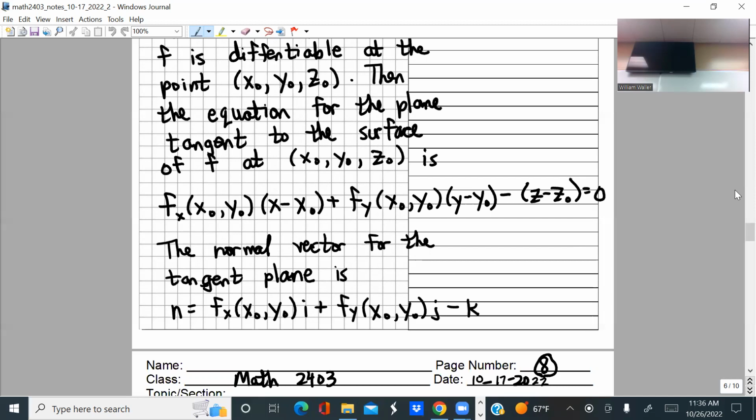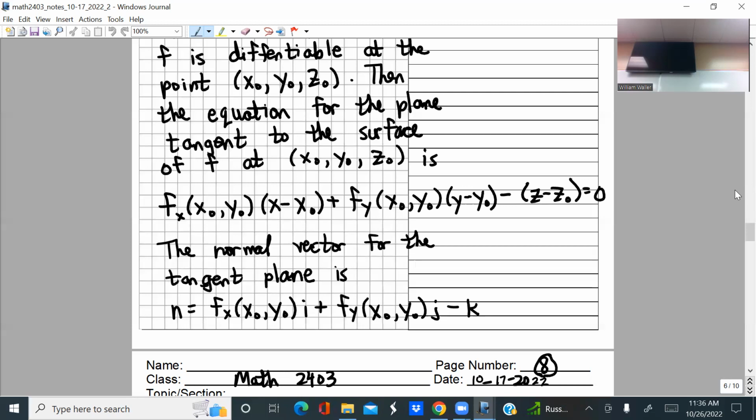And then you really don't need to write down the normal vector to write down the equation for the plane, because the normal vector is sort of built into the equation for the plane. And once you know the normal vector, then you can write down either the parametric equations or the symmetric equations for a line that's parallel to this vector and goes through your given point, which is x0, y0, z0.